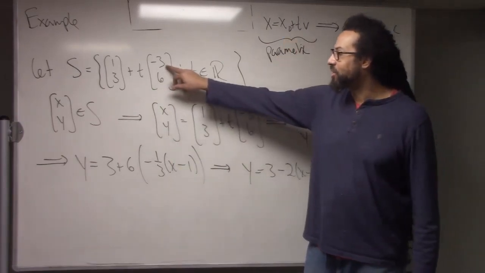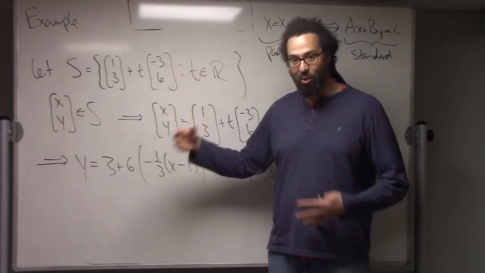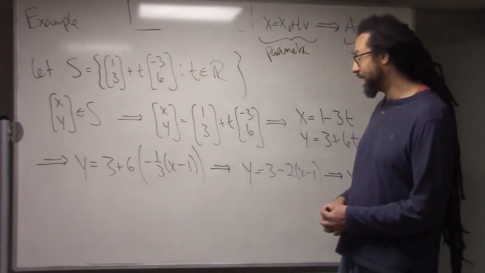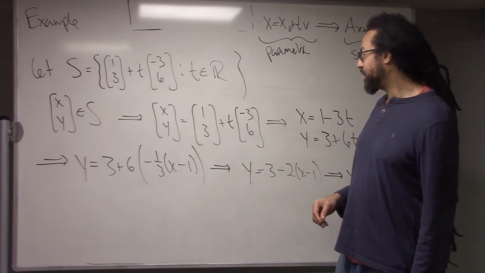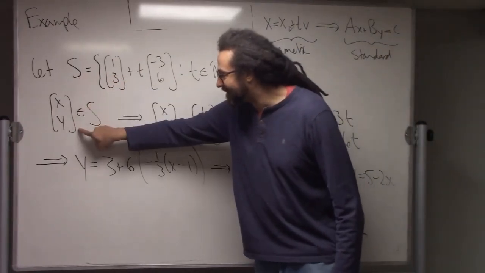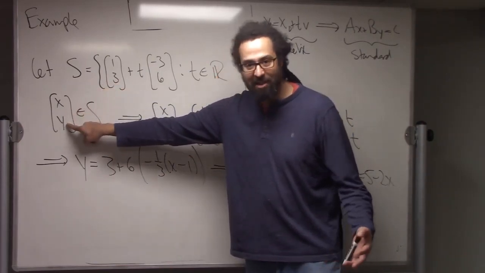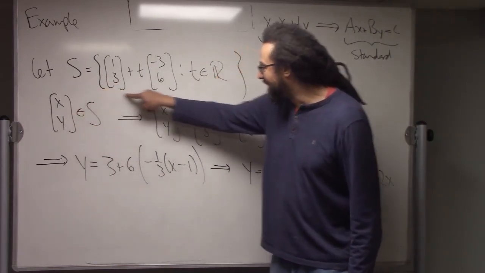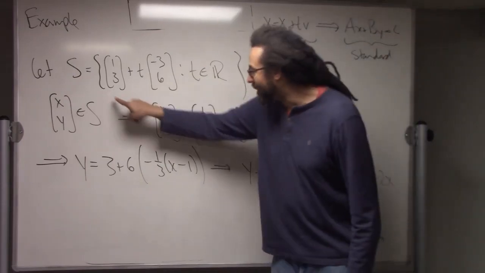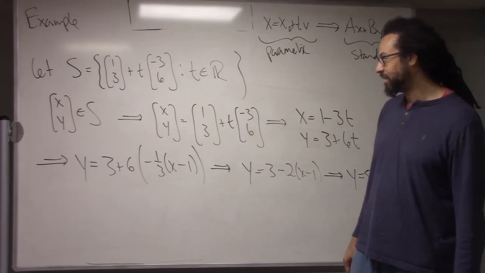We probably could have also taken (1, -2), right? We can think of these things as like rise over run, or run over rise, whatever. So what does it mean if I take a vector (x, y) in this set S? Well, if it's in here, it's got to be of the form (1, 3) plus t times (-3, 6).